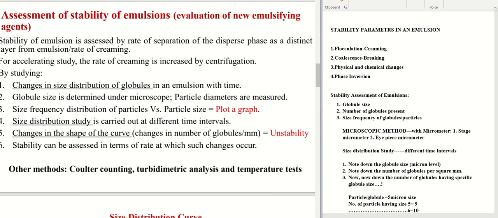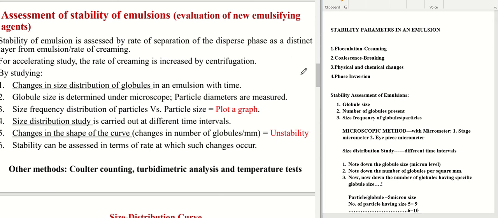Now we need to plot a graph by taking particle size on the x-axis and the number of particles, or the size frequency distribution, on the y-axis.